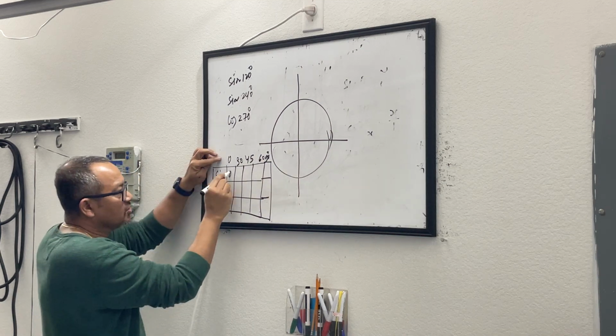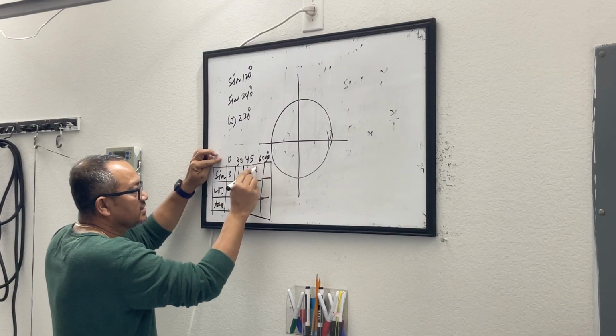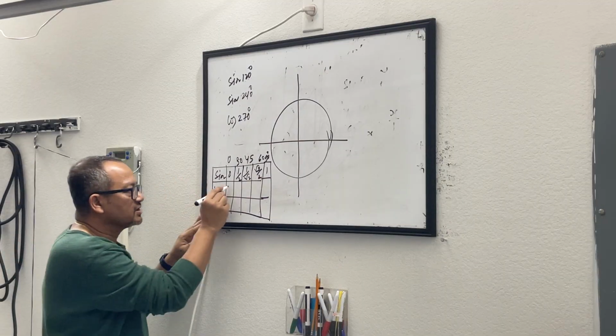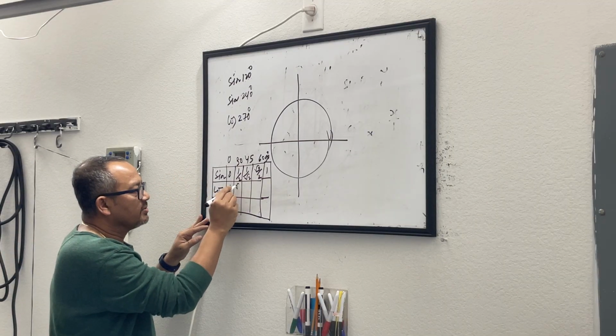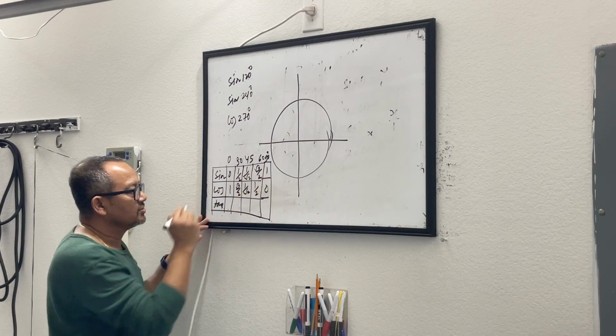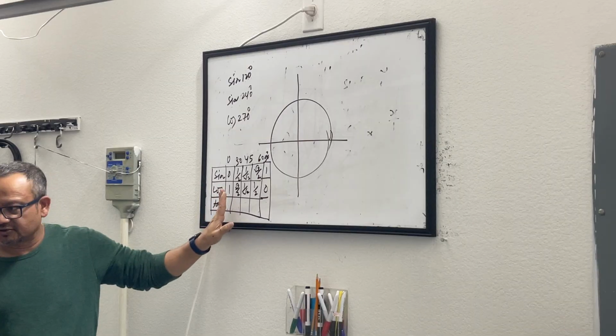Sine 0 is 0, sine 30 is 1 by 2, sine 45 is 1 by root 2, sine 60 is root 3 by 2, sine 90 is 1. And cos reverses, so it's 1, root 3 by 2, 1 by root 2, 1 by 2, 0. And sine over cos is tan. I'm just putting this table for reference, okay?